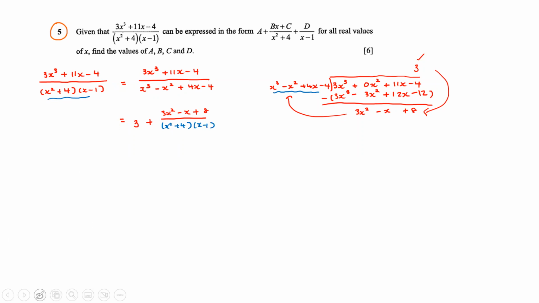Okay, now, next part. I'm going to apply partial fractions on the fraction itself. So looking at 3x squared minus x plus 8 over x squared plus 4, x minus 1 in particular.